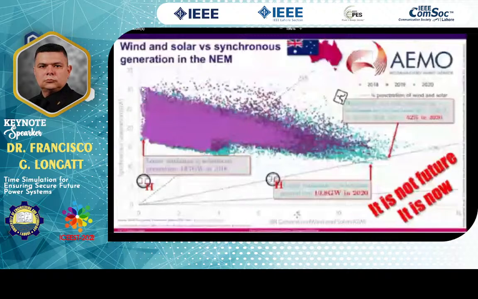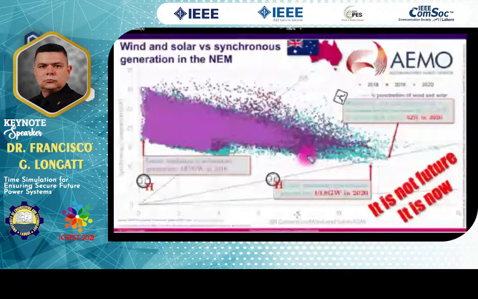What is interesting is that this plot shows the changes of half-hourly wind power generation and solar generation compared with the synchronous generator. What I'm telling you is that here you can see on the horizontal axis, I am presenting in gigawatts the IBR generation.